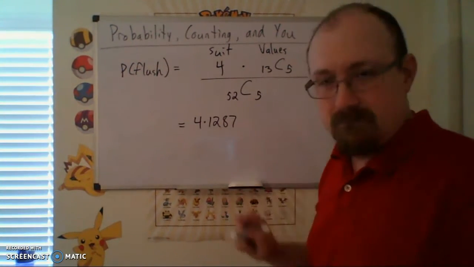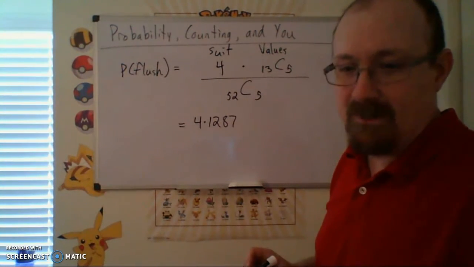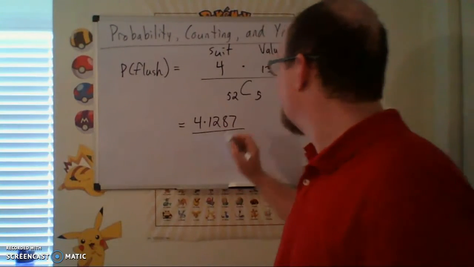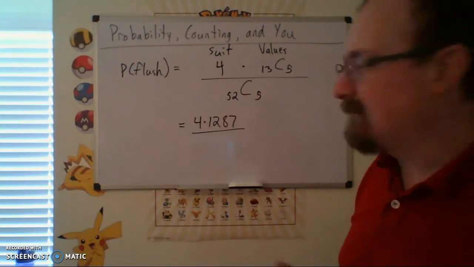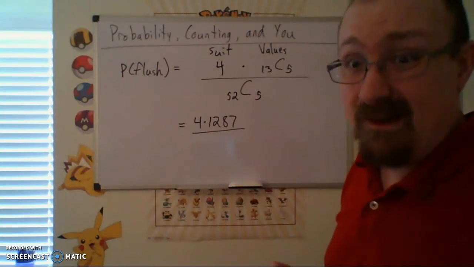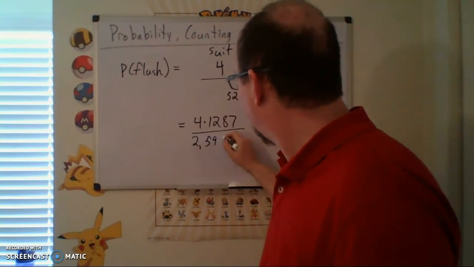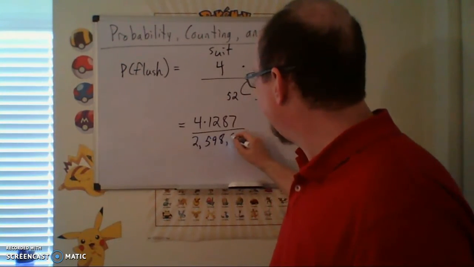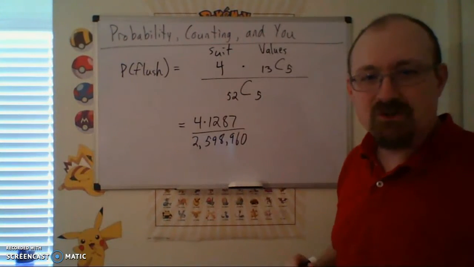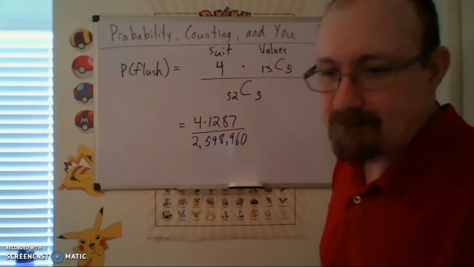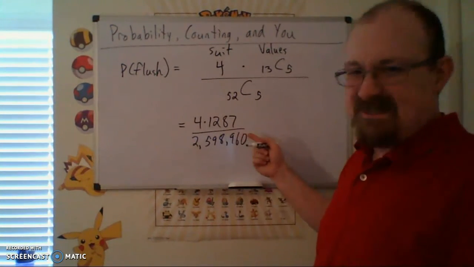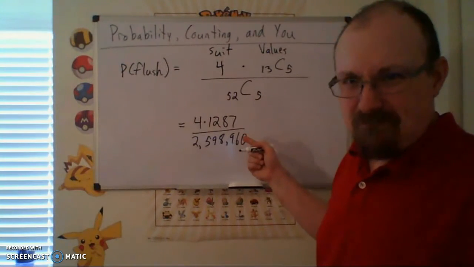So you multiply those 2 together, you got your numerator. The denominator is a little more intimidating, and you might not be surprised. There's a lot of different poker hands possible. So I got 2,598,960. This is, again, not exactly a fraction that rolls off the tongue.